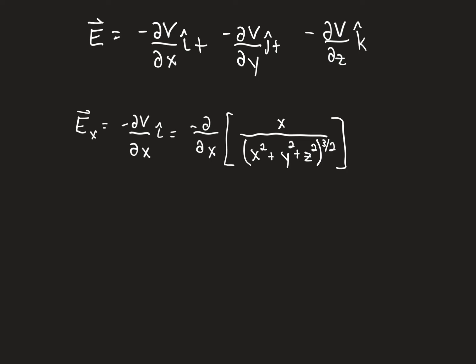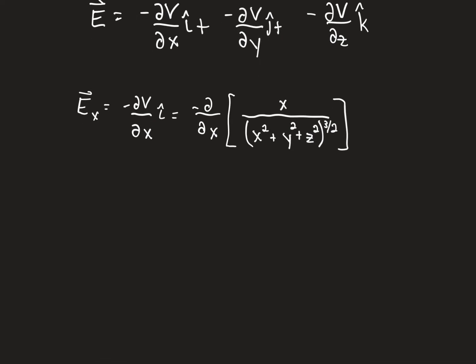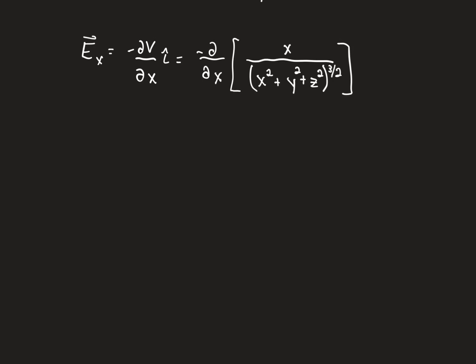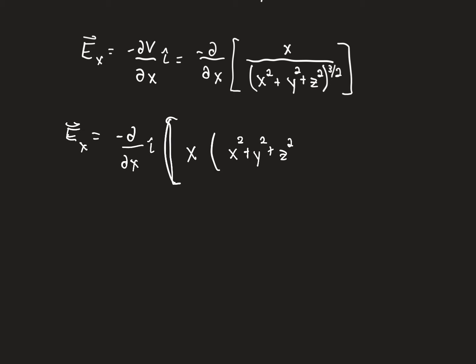Now, all the big fans of the quotient rule are going to come after me on YouTube. Bring it. Ex equals negative d dx in the i hat direction of x times x squared plus y squared plus z squared to the negative 3/2.